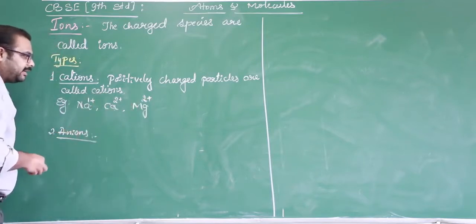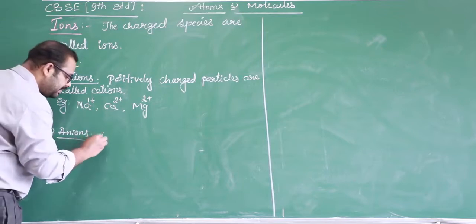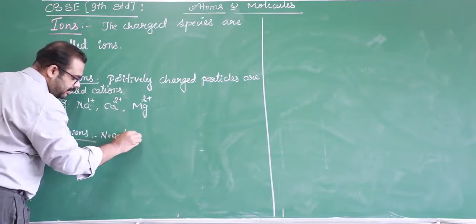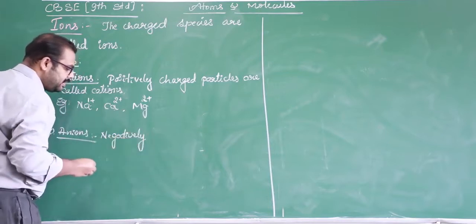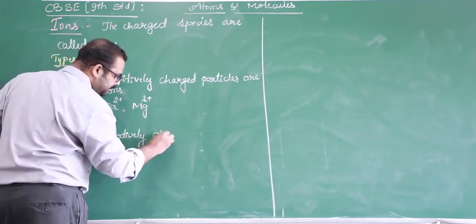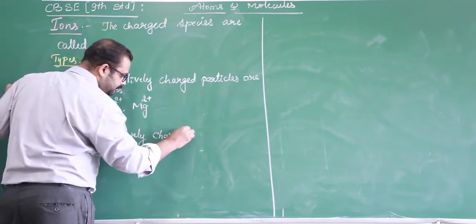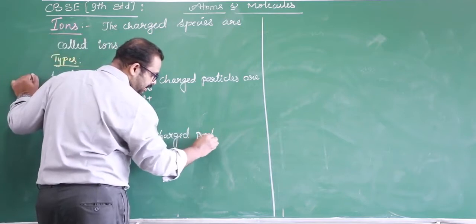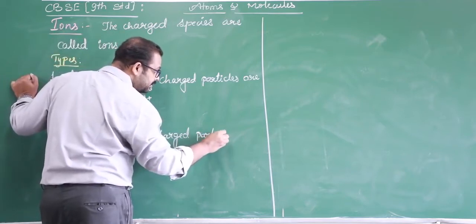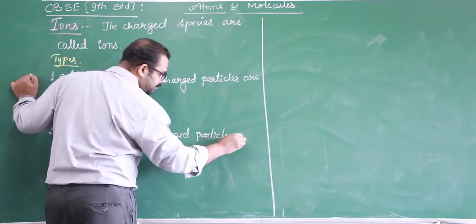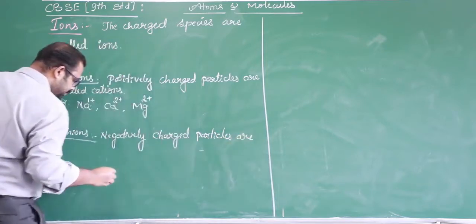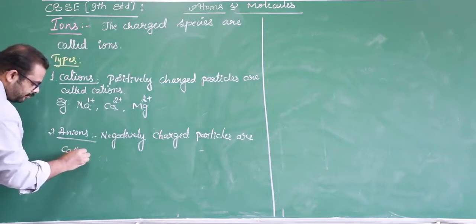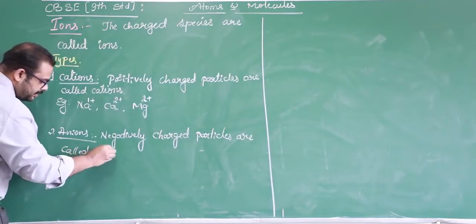Then coming to anions. Anions are negatively charged particles. Negatively charged particles are called anions.